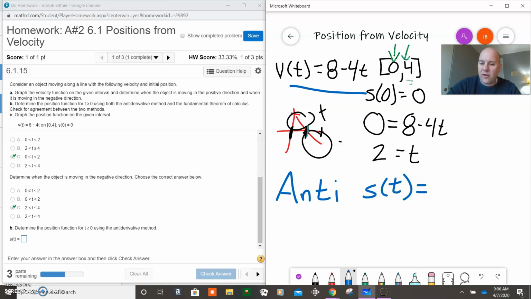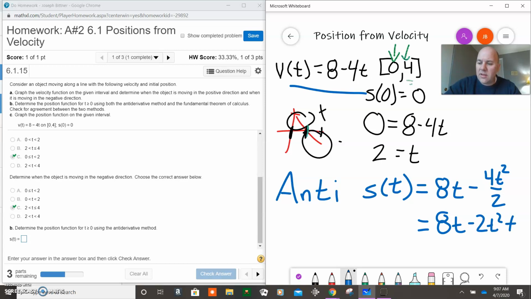Well, we're just going to follow the rules where we just take and add 1 to the exponent and then divide by that denominator. So the first one's going to be 8t minus 4t squared over 2. Obviously, they want me to reduce it and simplify, so I'm going to reduce this, and it's going to become 8t minus 2t squared. Now, technically, I should have a plus c with this.